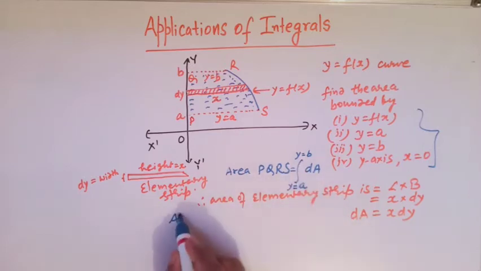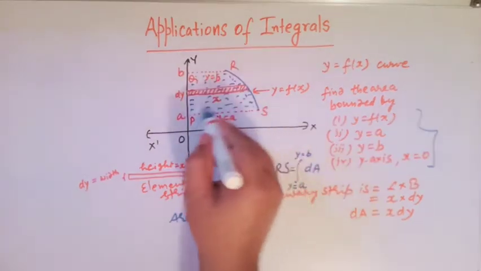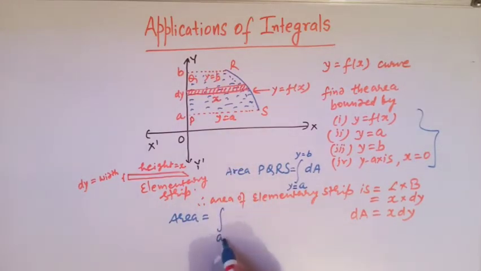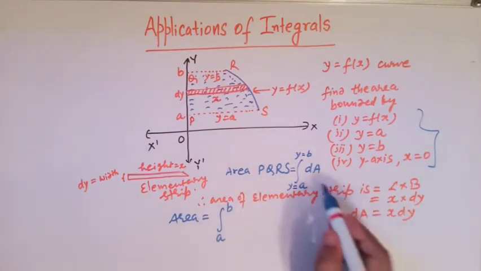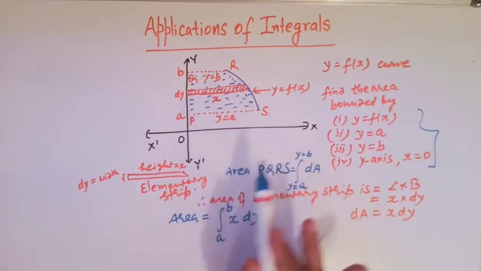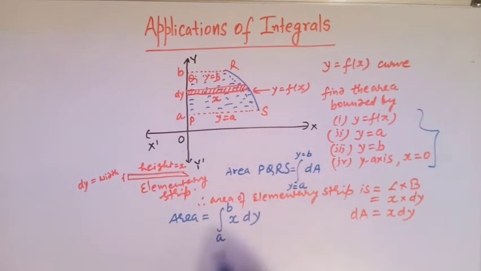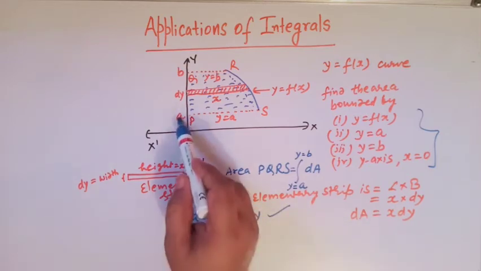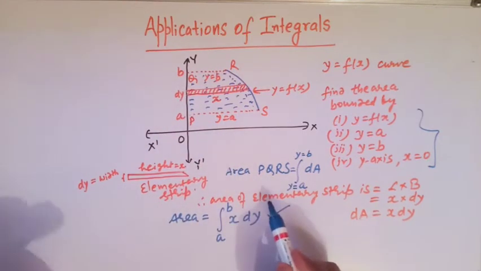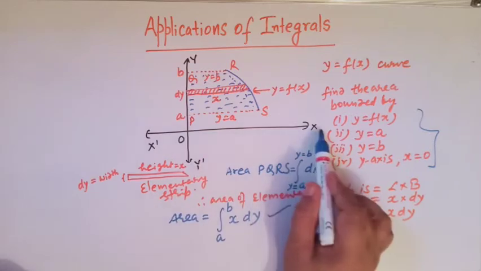So this whole area is equal to the integral from a to b, and for dA we will write x dy. Clear? So when the elementary strips are parallel to the x-axis, the area is obtained like this, from a to b of x dy.